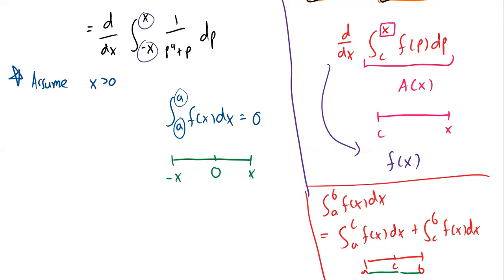Now, that's helpful for us because that means that we can rewrite the integral, actually, without the derivative right now. Let's not worry about that. We can write this thing here.